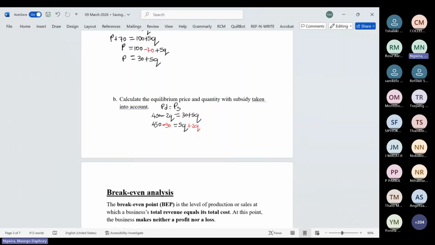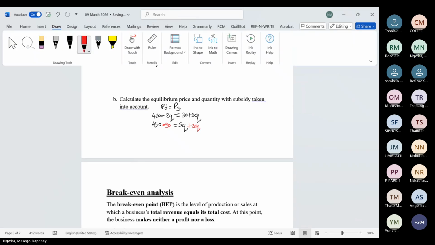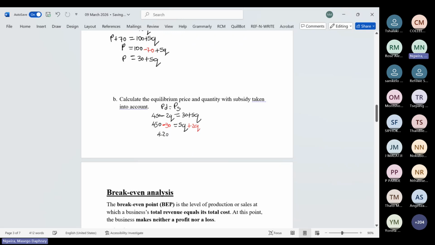Again, we do the same thing: 450 minus 30 is 420. 420 is equal to 7Q. Then we divide both sides by 7.